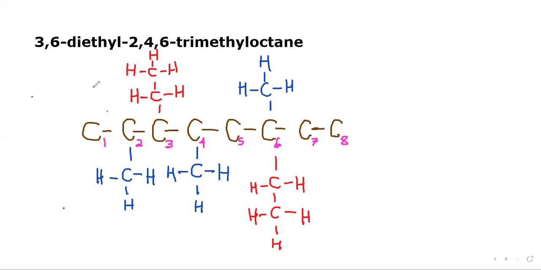And then 2,4,6. So it's tri. Tri means 3. So it means to say on our structural formula, on carbon number 2, number 4, and number 6, I must have a methyl group. So you can actually see that the methyl group is represented by a blue color. Yeah, correct. And then octane, it should have 8 carbon atoms. Then we are now cool to go. So it means to say now it's a matter of you adding the number of hydrogens on the spaces left, right there.